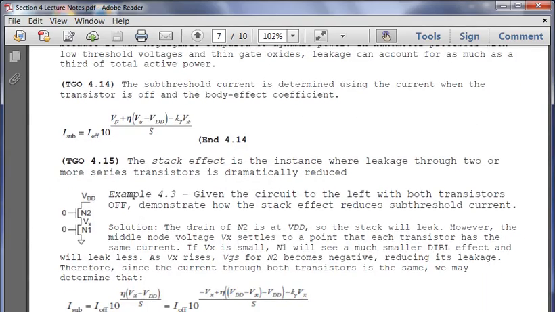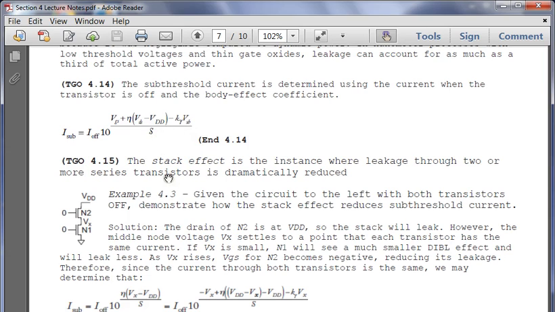Okay, so subthreshold current is the current that flows through the circuit when it's off times 10 to the voltage gate source plus the DIBL coefficient, the drain-induced barrier lowering coefficient, times drain source voltage, minus VDD, minus the body coefficient times source base voltage, all divided by S.